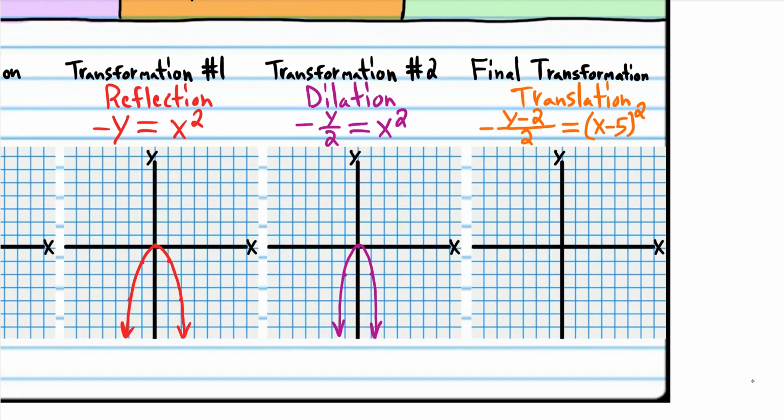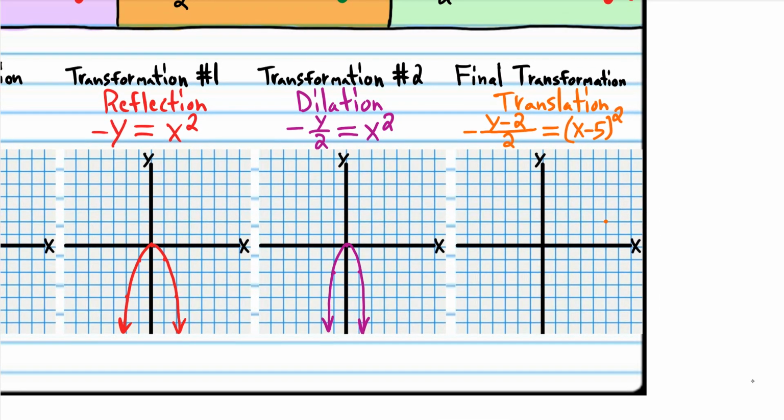Translate. Up 2 units and to the right 5 units, that is. And let's see here. 1, 2, 4, 8, 1, 2.